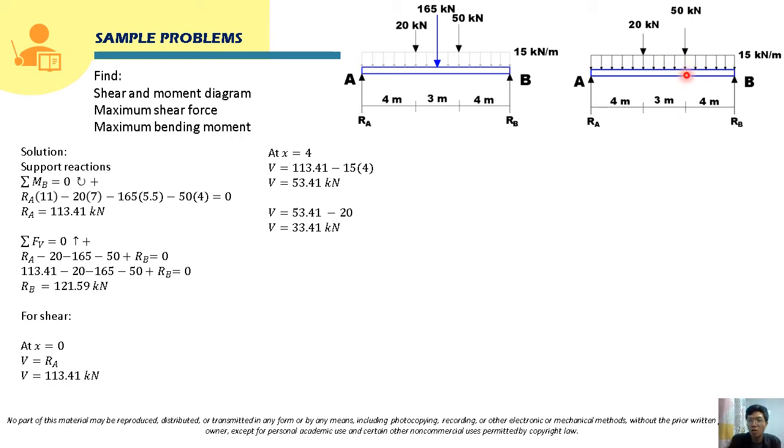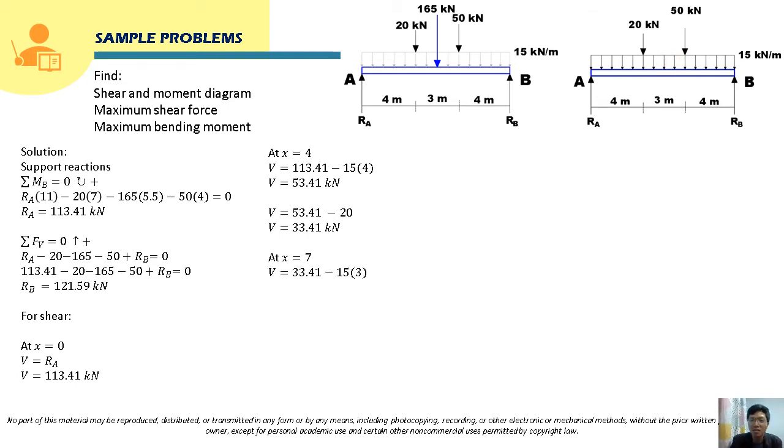Okay, so from here, class, we are now going to proceed to another point. This is 7 meters from the left, so at x equal to 7. The shear here will be the previous shear, and then we sum up the loading in this segment. This is 3 meters, and the height is 15 kilonewton per meter.